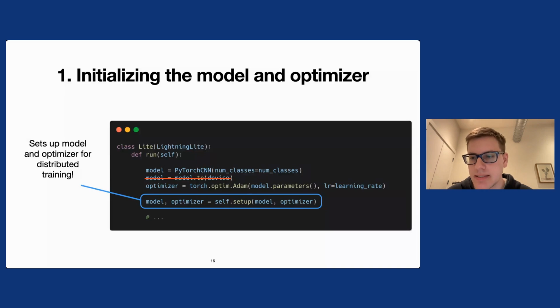In this setup, LightningLite simply makes sure that the model and the optimizer are compatible with the hardware you want to run on. So it wraps them and makes sure that everything is set up. And this is nice because from now on, you actually don't need to worry about devices anymore. All of this gets handled by Lite. And so you can actually delete these lines that say model.to(device) or data.to(device) and so on. That's nice because you don't need to think about it, so you can't really forget about it.